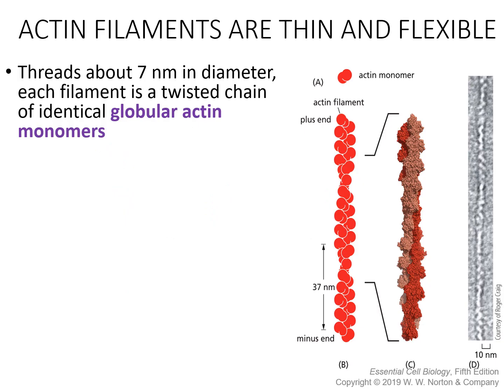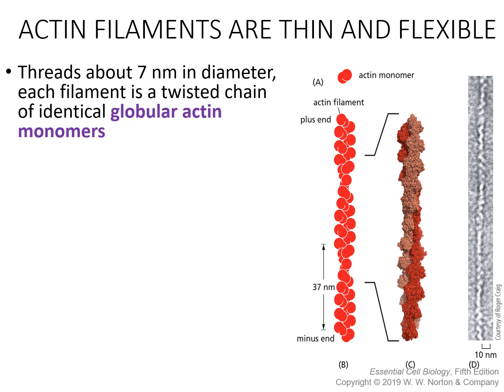When you think about actin filaments, if you look under the electron microscope, you can find that actin filaments are much thinner and much more flexible compared to microtubules. They are about 7 nanometers in diameter, and each filament is a twisted chain of identical globular actin monomers.